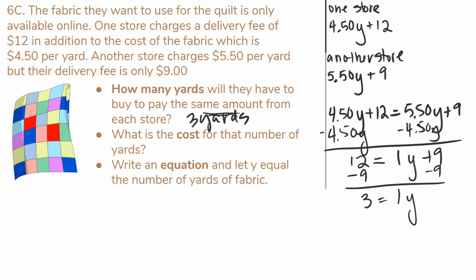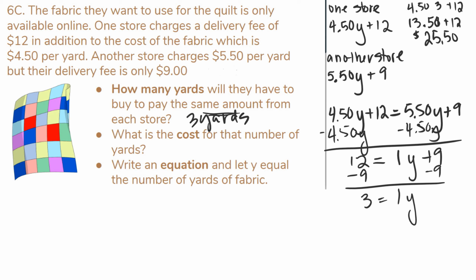Then they said, what is the cost for that number of yards? Well, for one store, 4.50 times 3 is 13.50 plus 12. So that's $25.50 for the first store.